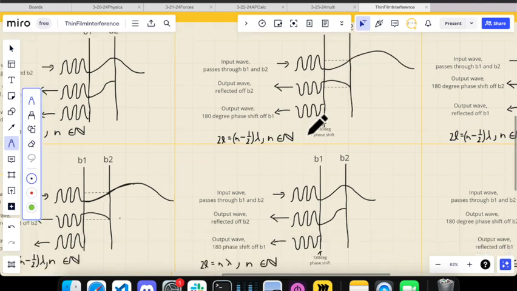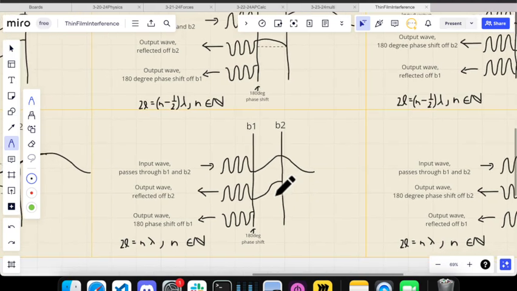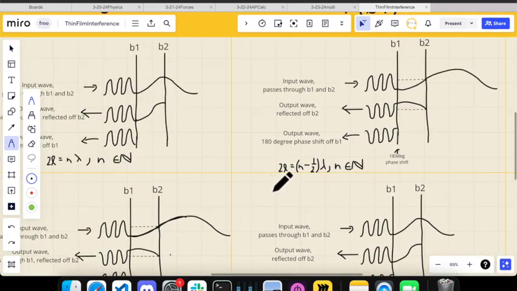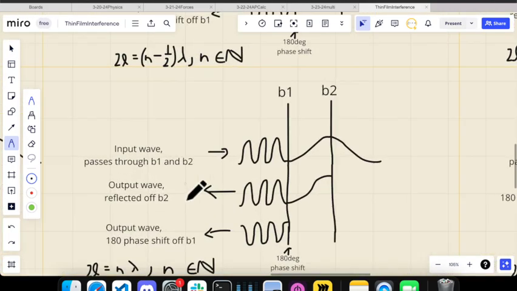Now looking at the destructive interference case where there's a single 180-degree phase shift at the first boundary, and we want it to destructively interfere. Again, it's similar to the constructive interference in the 0 boundary case. What we want is for the output wave to be 180 degrees off the output wave that reflects off the first boundary versus the second.